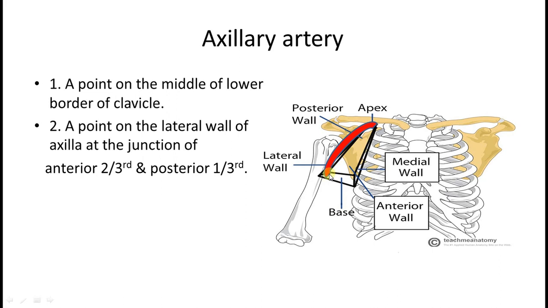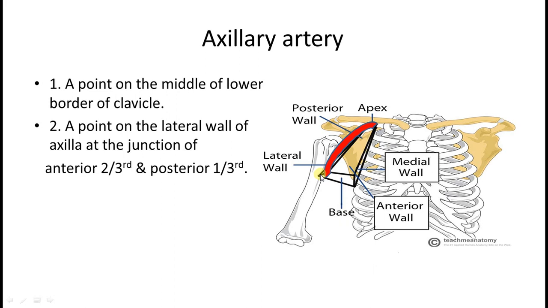Then you connect the first point and the second point with a curved line, and that represents the axillary artery on the surface. This is done by a curved line while the arm is hanging by the side.